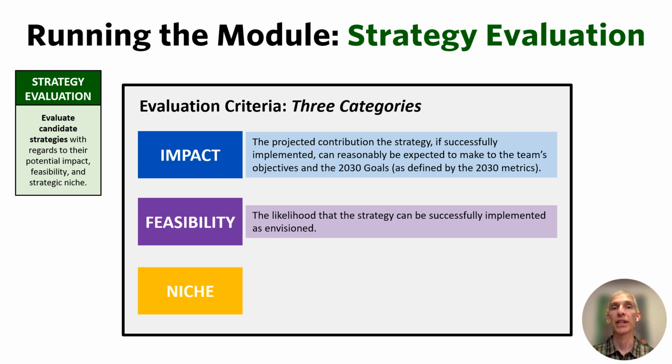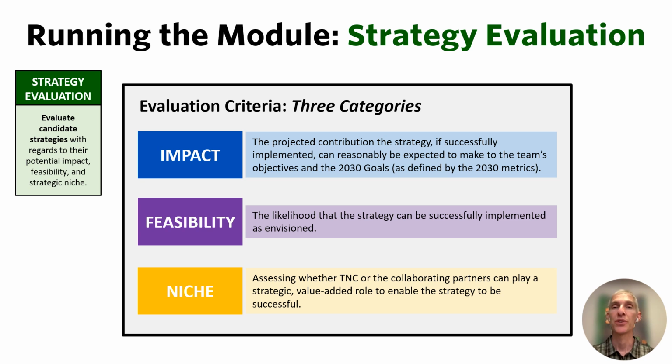Feasibility refers to the likelihood that the strategy can be successfully implemented as envisioned. Finally, niche refers to assessing whether TNC or the collaborating partners can play a strategic, value-added role to enable the strategy to be successful. For each of these categories, we suggest a range of possible evaluation criteria.